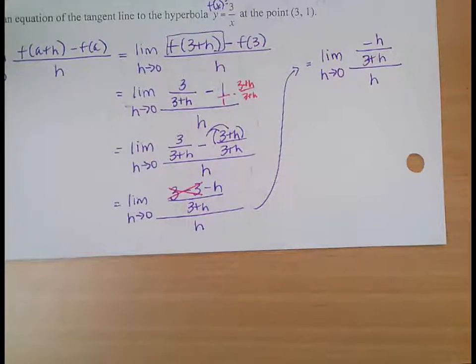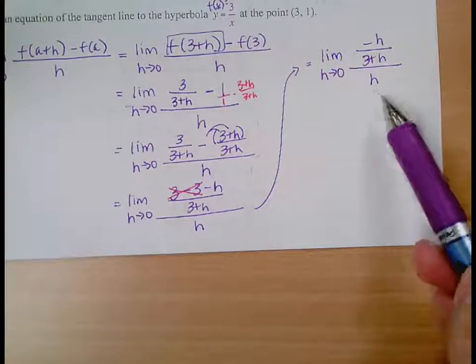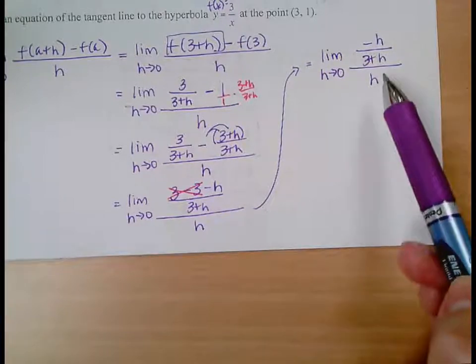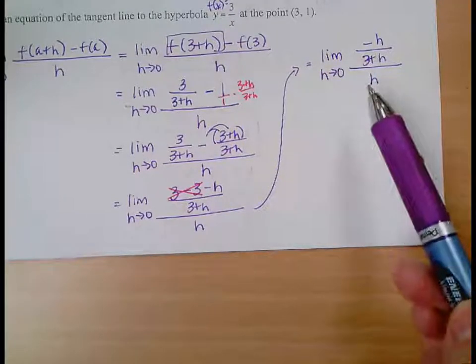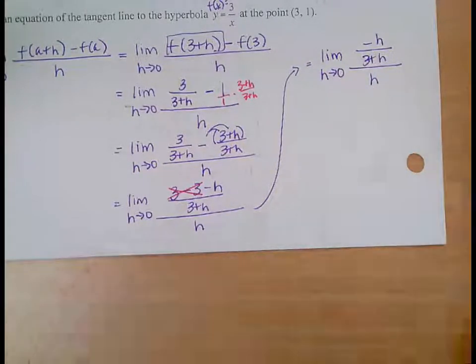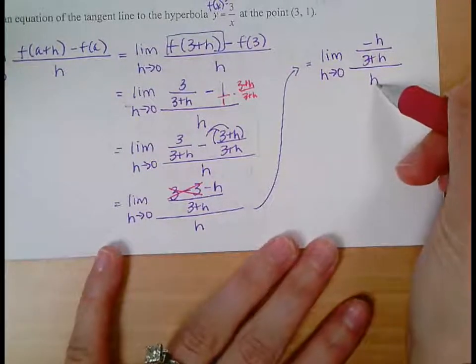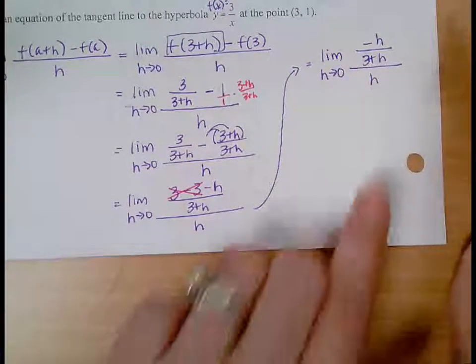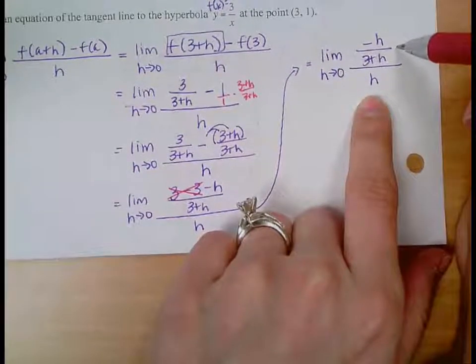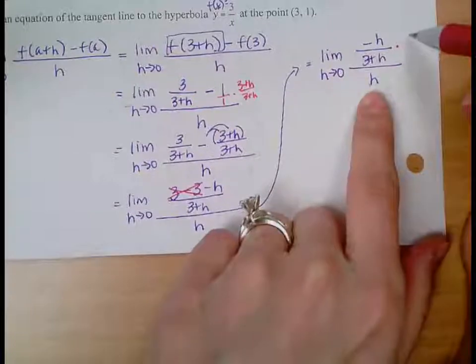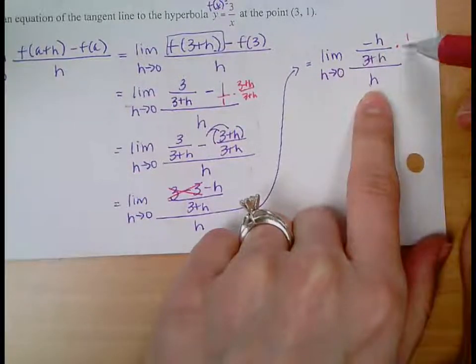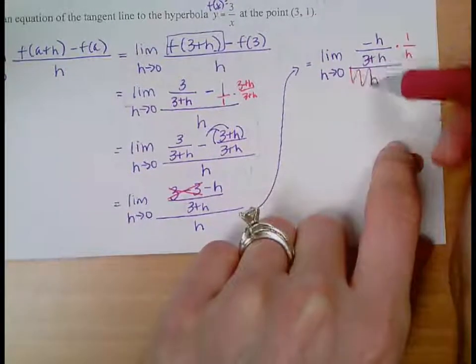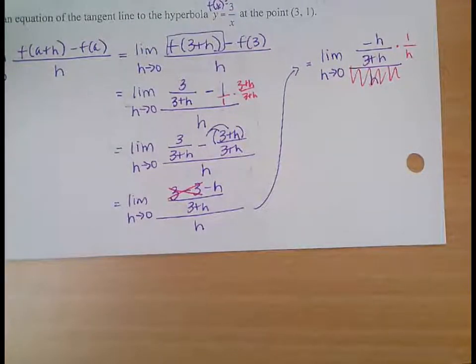The h will cancel. A way to think of this, if you can't see that it cancels: dividing this whole thing by h really means I'm multiplying by the reciprocal of h, so I'm multiplying this top fraction by 1 over h. That's what dividing by h means.